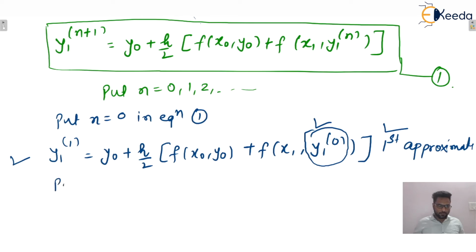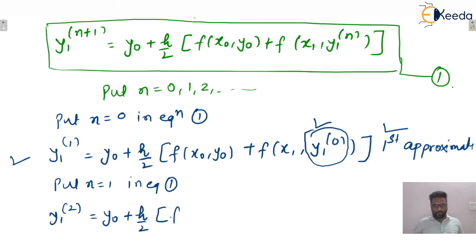Similarly, put n equals 1 in equation 1, then we will be getting y1 superscript 2 is equal to y naught plus h by 2 into f of x naught comma y naught plus f of x1 comma y1 superscript 1, isn't it?